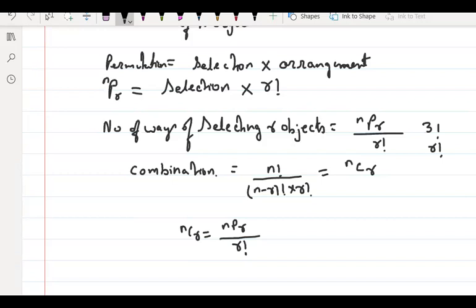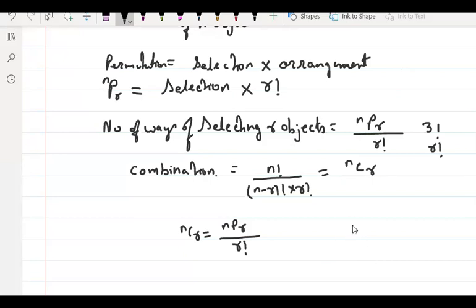Now tell me, what do you think? Which will be bigger: the number of ways of selection only, or the number of ways of selection and arrangement? Which means NCR will be bigger or NPR will be bigger? Yes, very good. Permutation will be bigger.